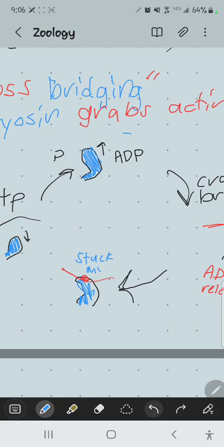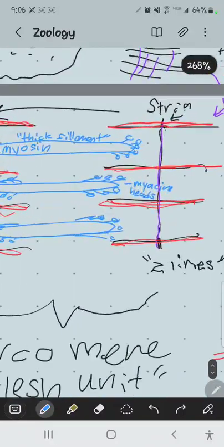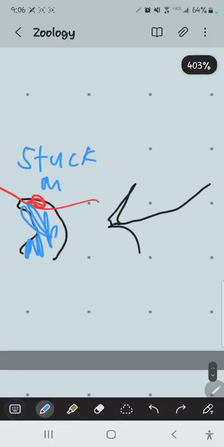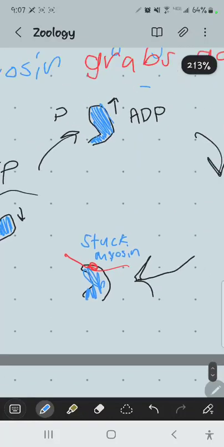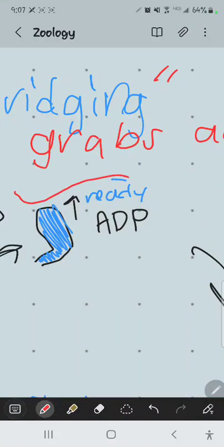It releases from the actin. ATP is converted to ADP, energizing the myosin head, like cocking it. The myosin head can jump across, grab onto the actin, cross-bridging, and then it pulls on the actin filament, releasing ADP. But the myosin head is stuck, bound, or cross-bridged to the actin until another ATP comes in.